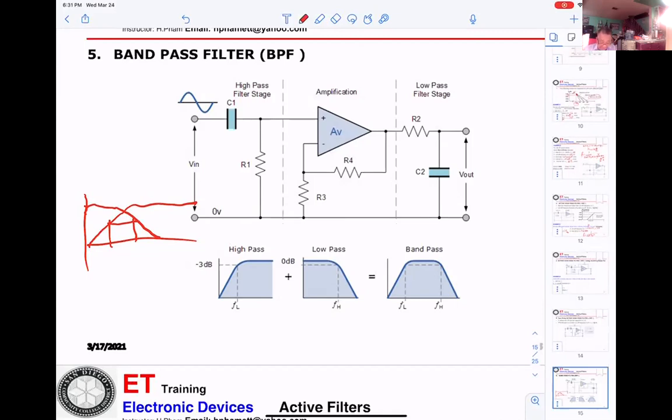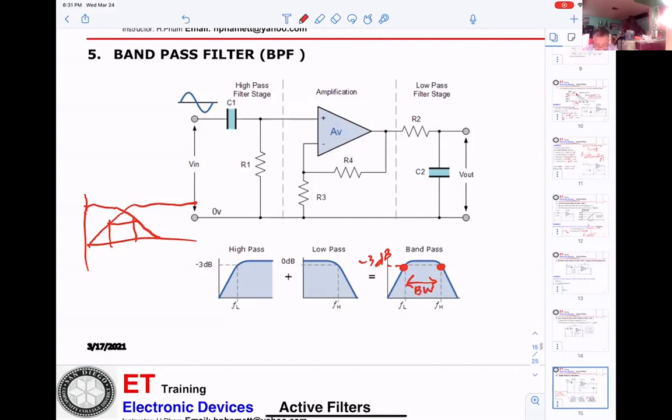And the band pass has two cutoff frequencies, at minus 3 dB. You get a low cutoff and a higher cutoff, and the bandwidth goes from low to high. That will be the bandwidth.